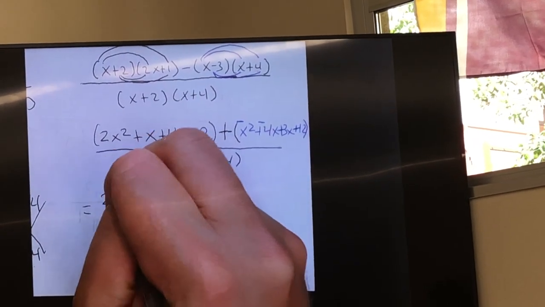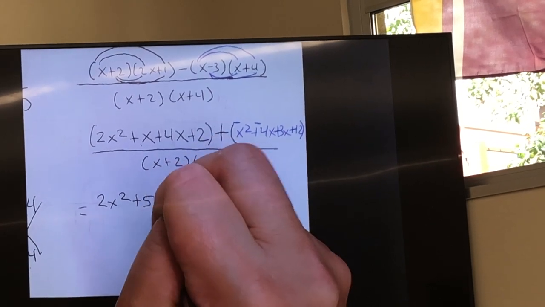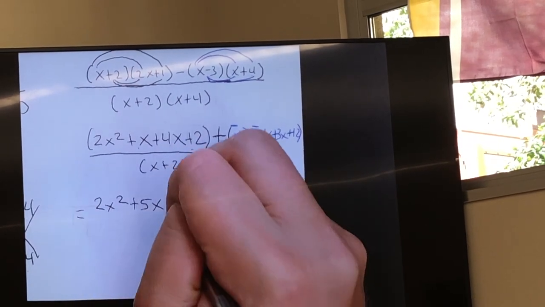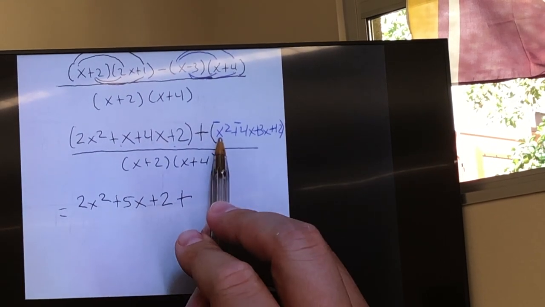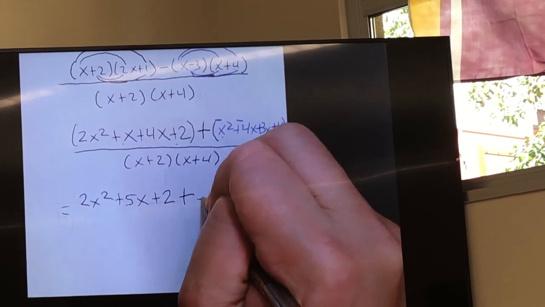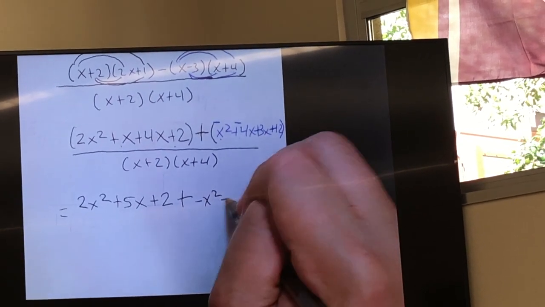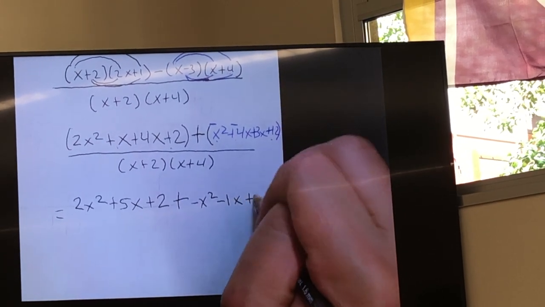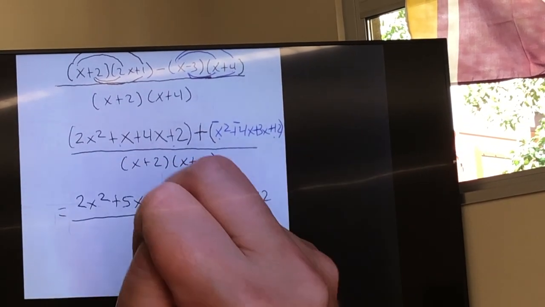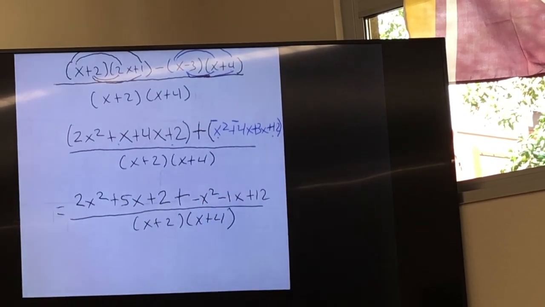We have 2x squared. X and 4x makes a plus 5x plus our 2. Okay? Plus, we now have a negative x squared. A negative 4 and a plus 3 makes a negative 1x. And we have our plus 12 all over x plus 2, x plus 4.